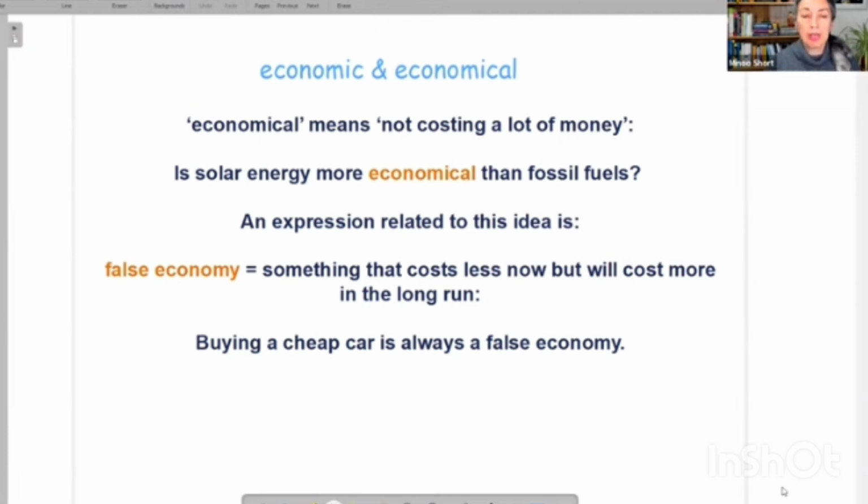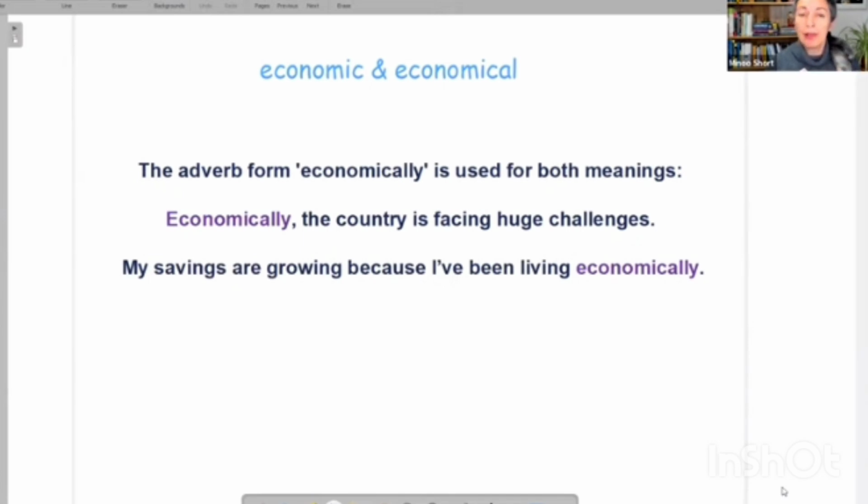And the last thing to say about these two words is the adverb. The adverb form economically is used for both meanings. So let's have two examples. Economically, that's the first meaning, related to the economy of a country. The country is facing huge challenges. Second example, related to not costing very much.